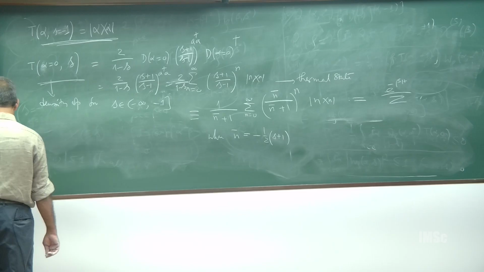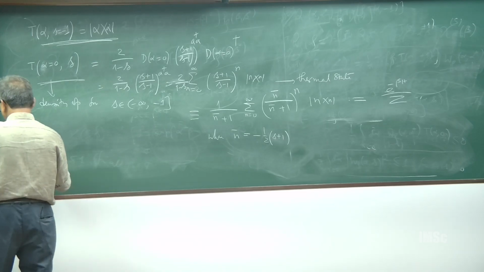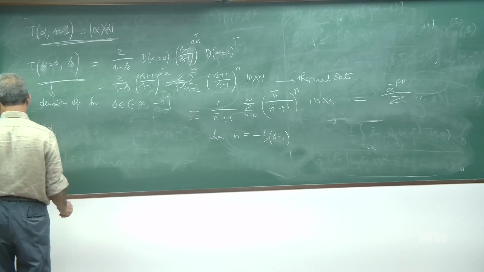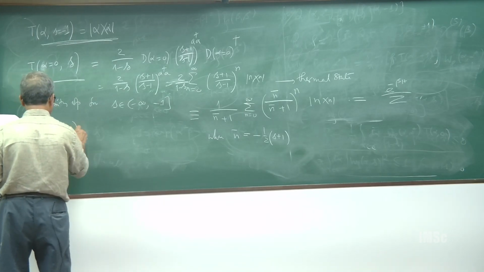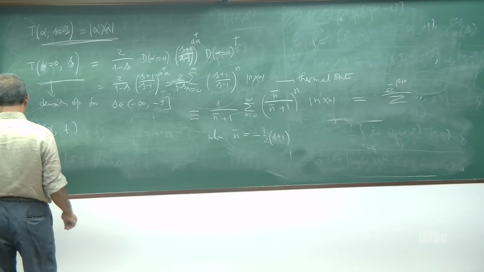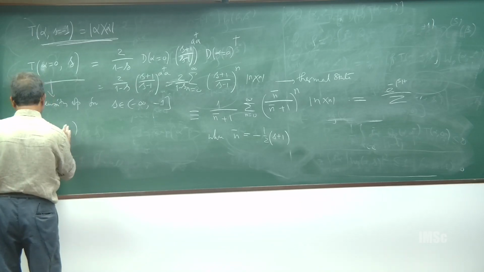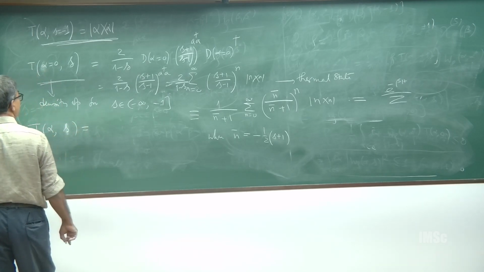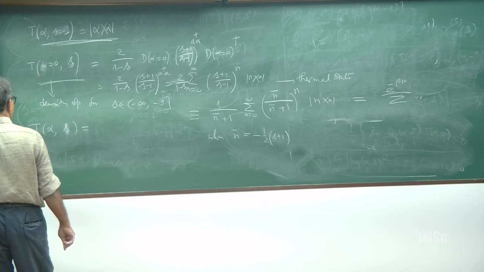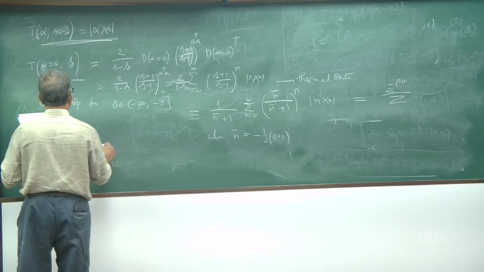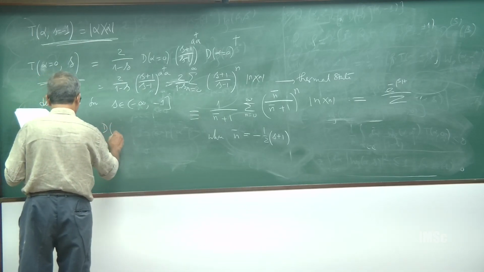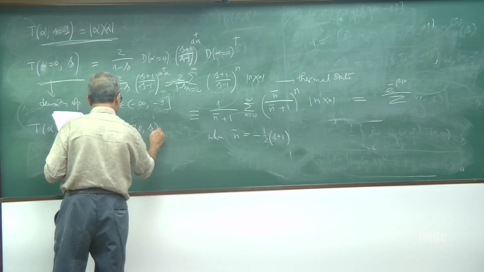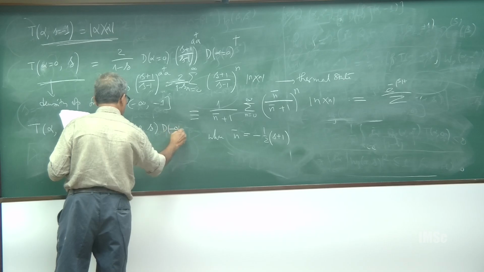So, if I now look at this T of alpha and S, this is basically D of alpha, then T of 0 and S, and D of minus alpha.